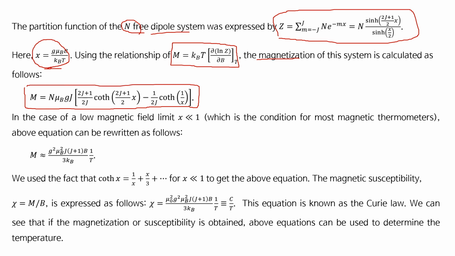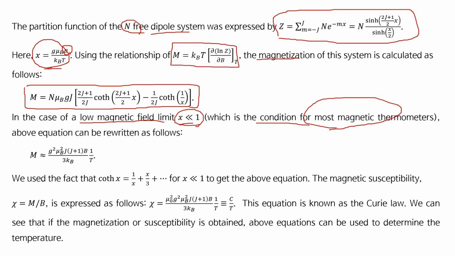In the case of the low magnetic field limit, x is much less than 1, so B is small. This condition is met for most magnetic thermometers.